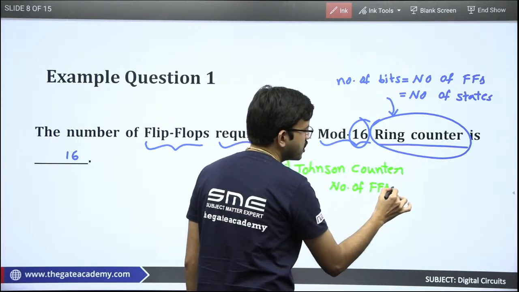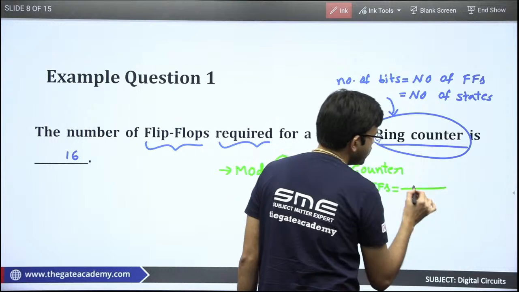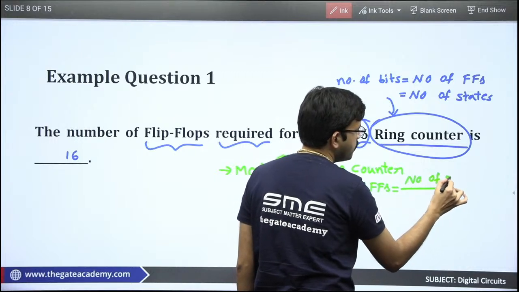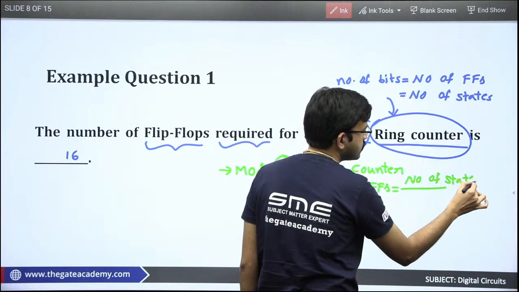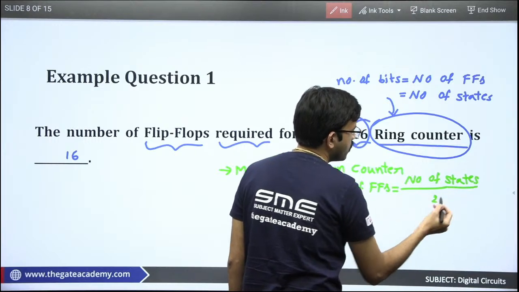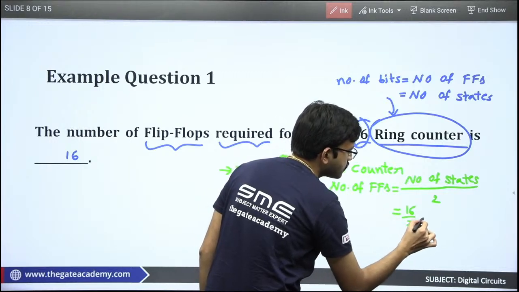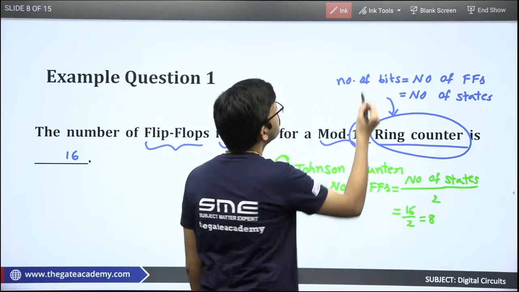Number of flip-flops required will be number of states divided by 2. So here number of states are 16, 16 by 2 is 8.